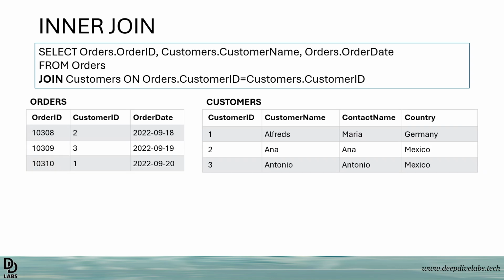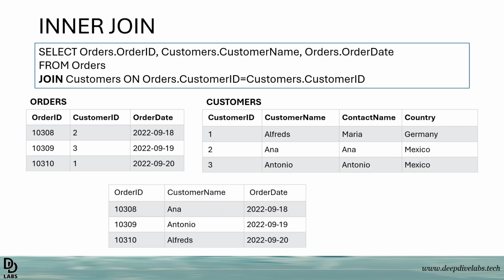So we have some examples here. We have an orders table which has different orders 10308, 10309, 10310, and the corresponding customers. An inner join looks at the orders; customer 2 is the first customer, right?